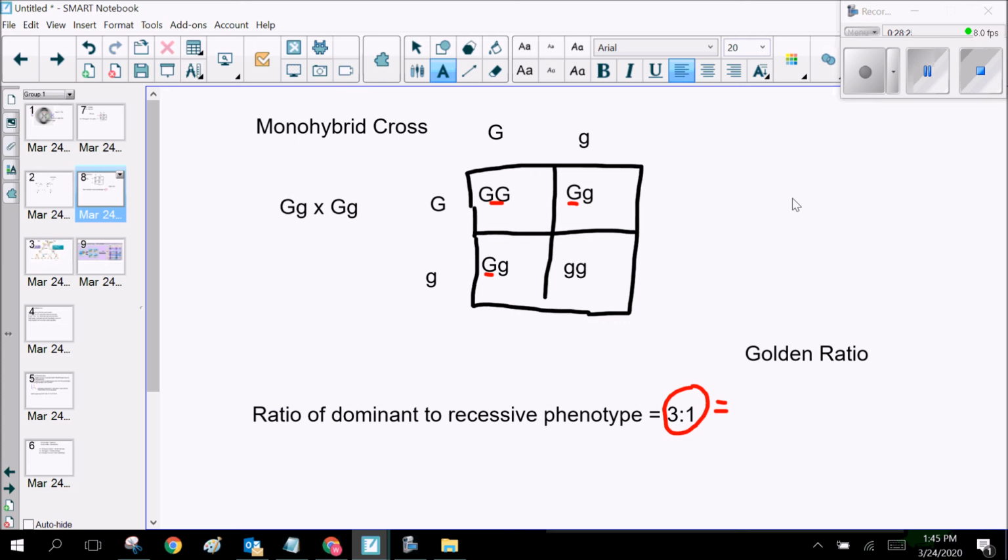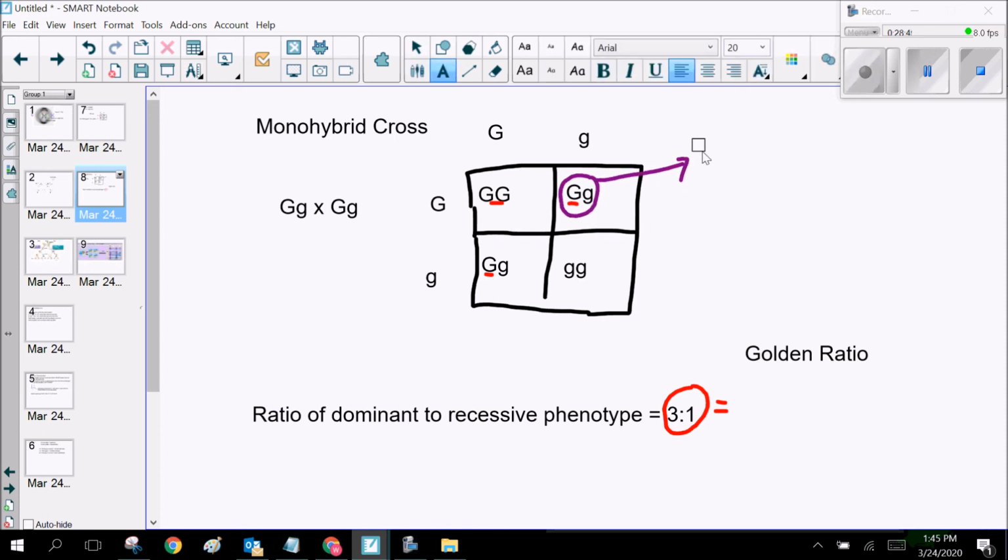So that is the introduction to Mendelian genetics and what is meant by recessive and dominant genotypes and phenotypes. Now, if you're still wondering what a genotype is, the genotype would be the letters or alleles that you actually have.